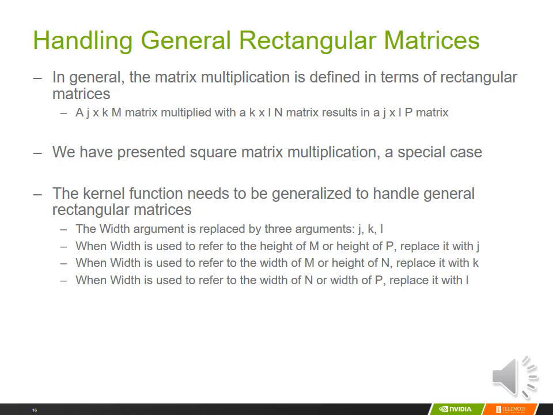So now we have completed a journey going from a simple matrix multiplication kernel, adding tiling functionality, adding corner condition or boundary condition checking to extend its ability to handle arbitrary dimensions, and then with some simple changes, handling arbitrary input shapes of rectangular matrices.